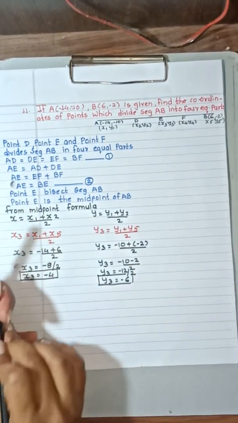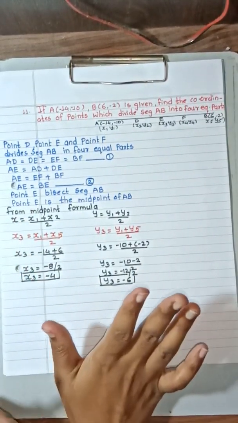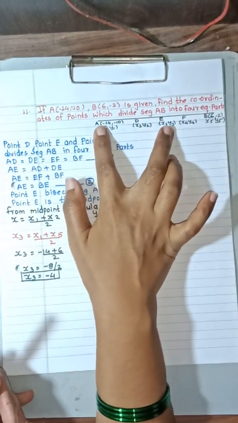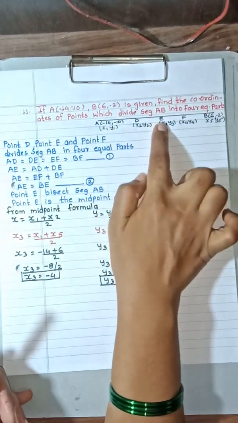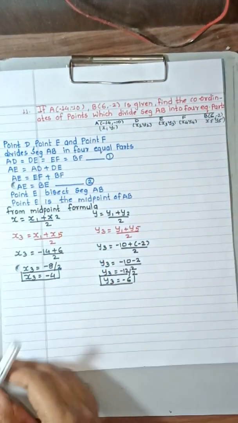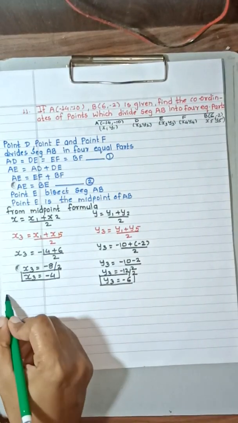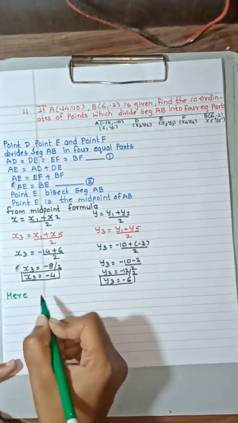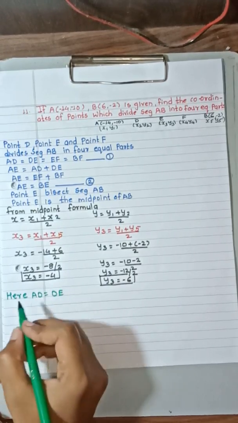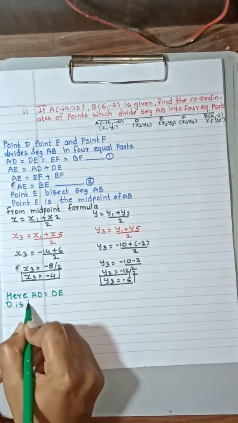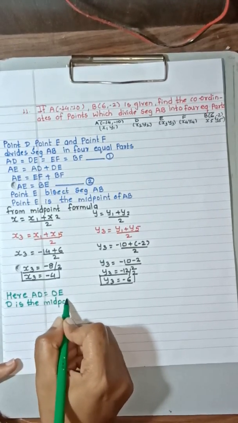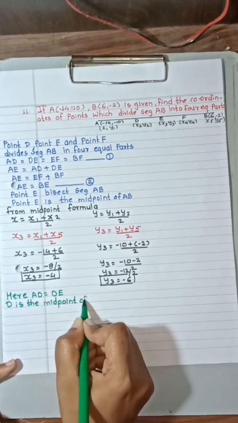Now here what we are going to do, AD is equal to DE. Therefore D becomes the midpoint of segment AE. So we are going to find the coordinates of x2 and y2 now. Here AD is equal to DE, and D is the midpoint of AE.